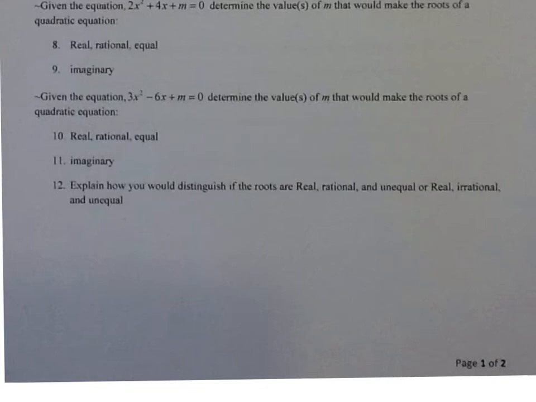All right, next, I want my roots to be imaginary. So remember, what's underneath the square root symbol, b squared minus 4ac, in order for it to be imaginary, it has to be a negative number, so it has to be less than 0. So we have negative 6 squared minus 4 times 3 times m is less than 0.